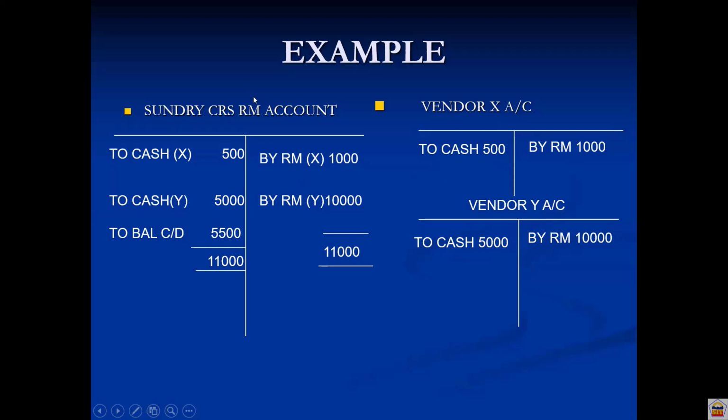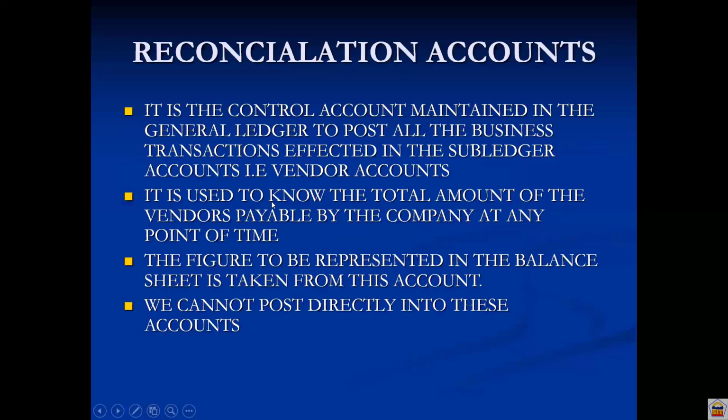In the main ledger, we have the purchase from vendor X and the purchase from vendor Y, so this is our total purchase. We have the payments made to vendors X and Y, and this is my total outstanding. So instead of going to these subledger accounts, we can go to this reconciliation account and find out the total outstanding which we need to pay to our vendors. That is the purpose of having this reconciliation account.